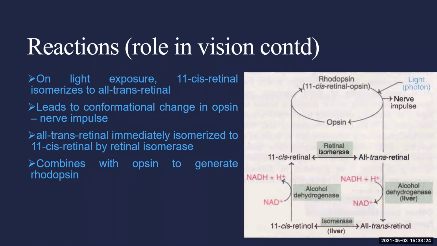Once this isomerization is complete, 11-cis retinal combines with opsin to generate rhodopsin. So this opsin-rhodopsin cycle generates vision. There is one biochemical reaction, the isomerization, and this completes the visual cycle. The interconversion of rhodopsin and opsin continuously goes on, and the image is generated that we visualize.